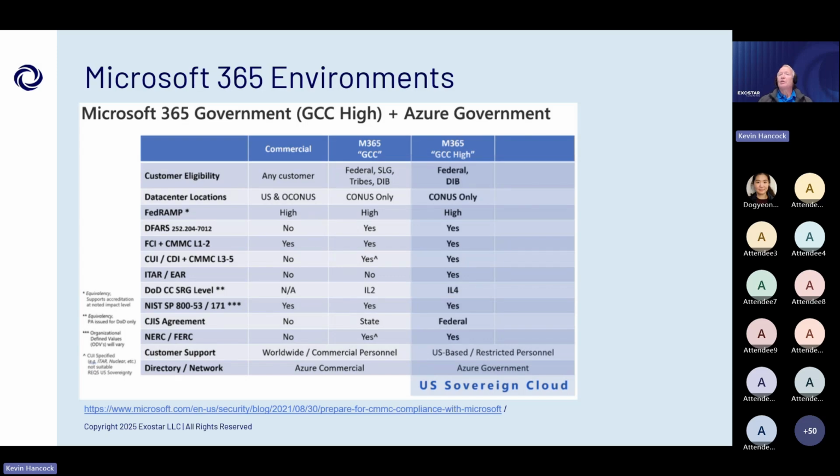It may be a large burden for organizations, especially those where only a small percentage of their company works on the DoD contracts or is a subcontractor to those that do, or if they're going to be inviting third parties and maybe those third parties don't have their own licensing, they may have to do some additional licensing. So that can come with a fairly hefty price tag to work in the GCC High environment.